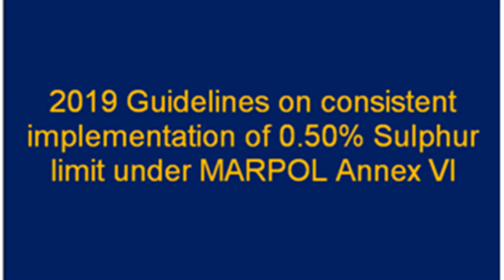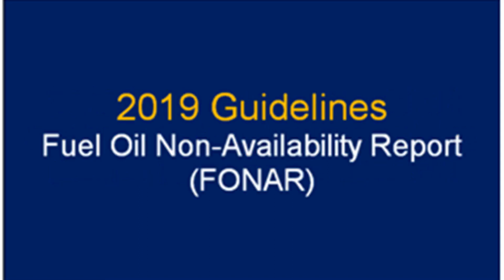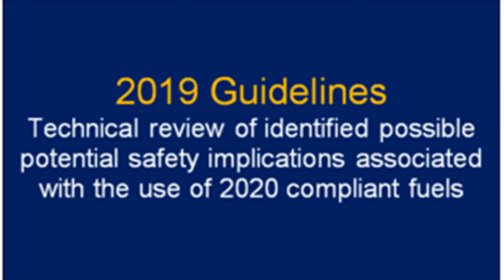These comprehensive guidelines include a template for a fuel oil non-availability report (FONAR) set out in Appendix 1, and a technical review of identified potential safety implications associated with the use of 2020 compliant fuels set out in Appendix 2.